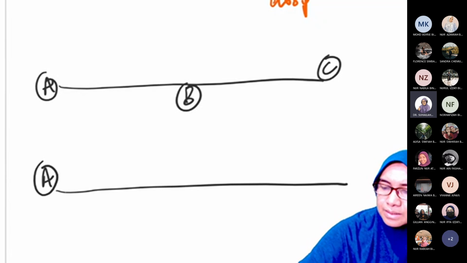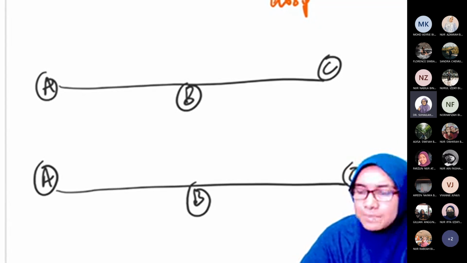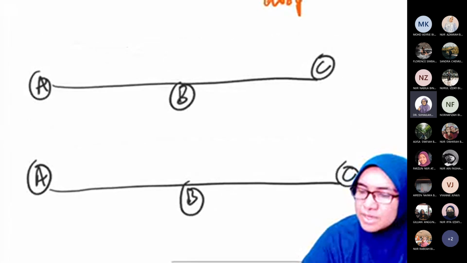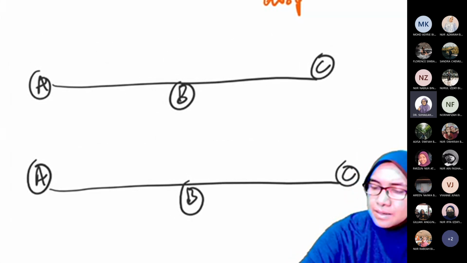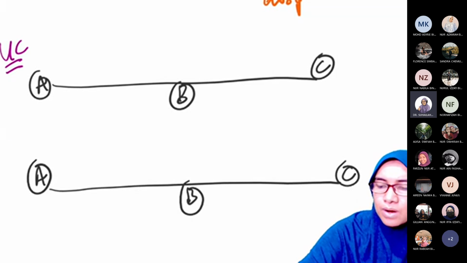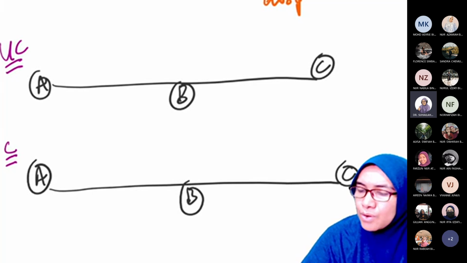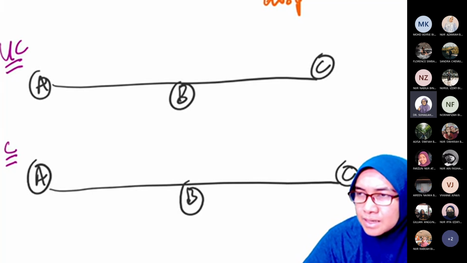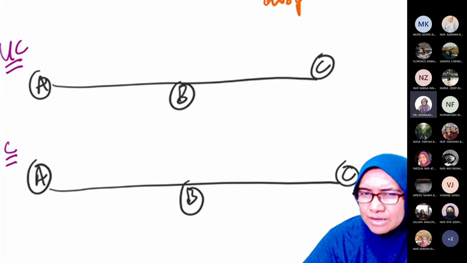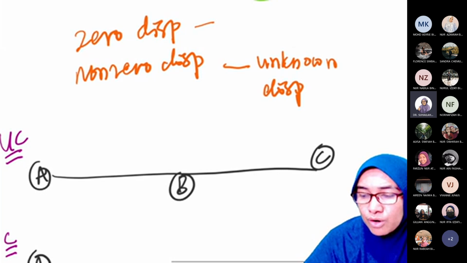A, B, C, A, B, C. So yang atas ni unconstrained. Yang bawah ni constrained. So how we identify degree of freedom in constraint system? Kita tengok pada support condition, right?